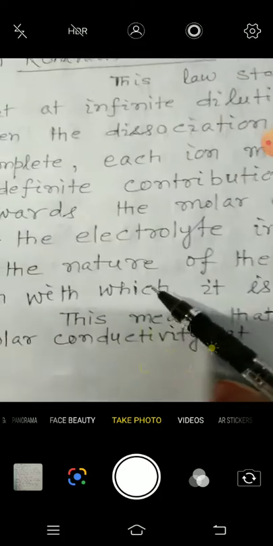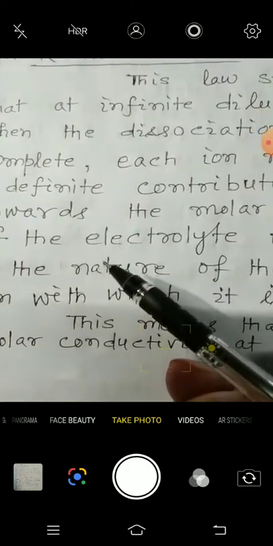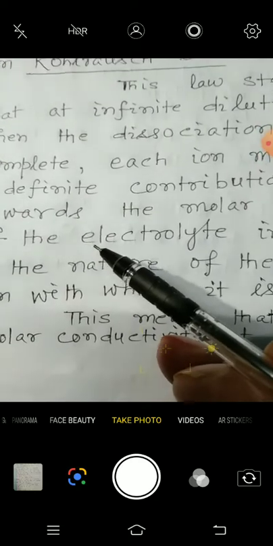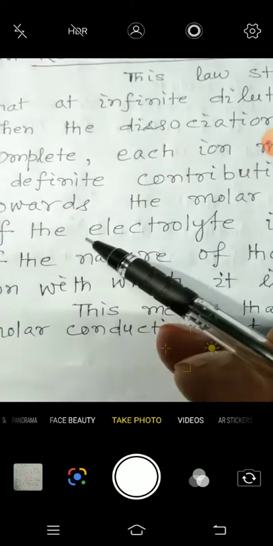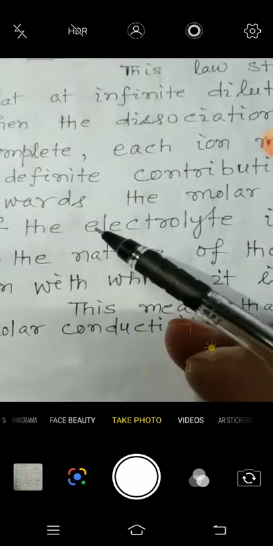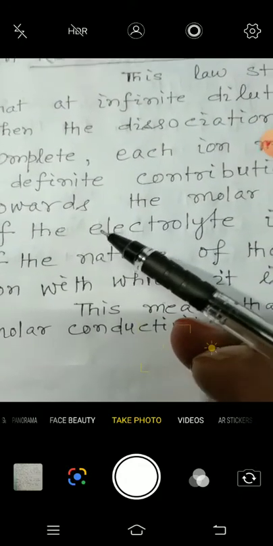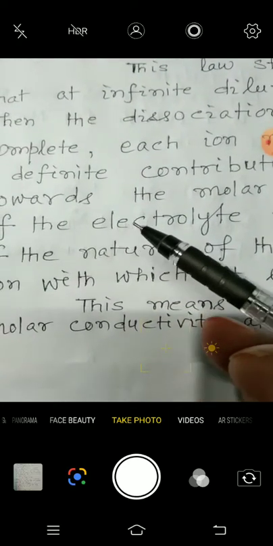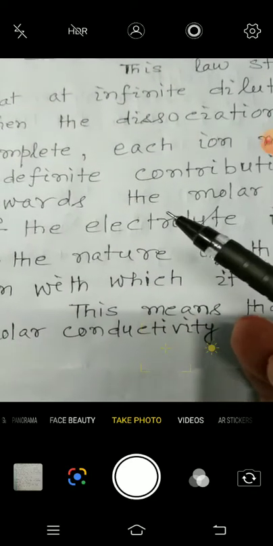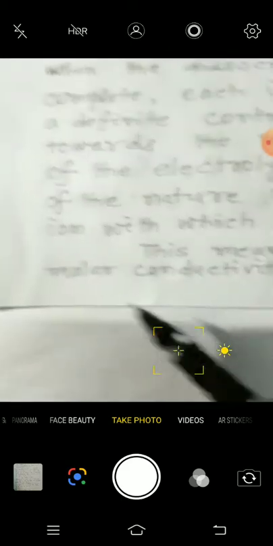Means when you dissolve any weak electrolyte in solution, you will get the ions of the cation and the ions of the anion. So each ion has an individual role in respect of conductivity, and Kohlrausch says that the limiting molar conductivity will be the sum of the individual molar conductivity of each ion.